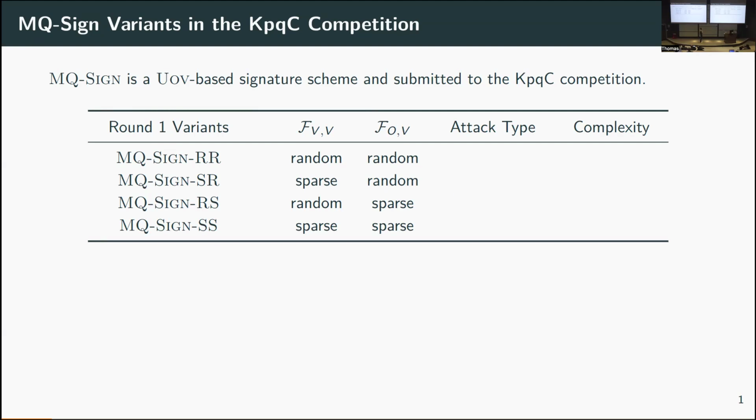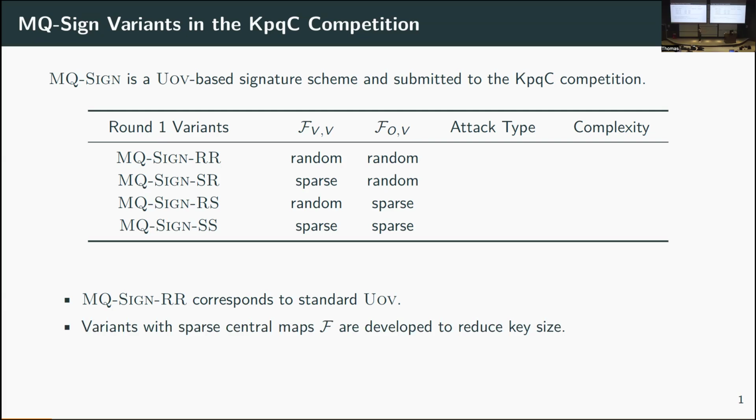There are 4 different variants of MQSign, and the last 2 letters suggest if part of the secret keys are chosen random or sparse. First we have MQSign RR, and this more or less corresponds to standard UOV. There are some tweaks in the specification or implementation, but it's mostly the same.